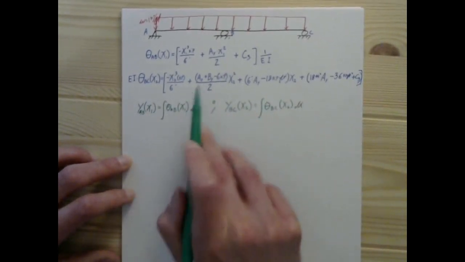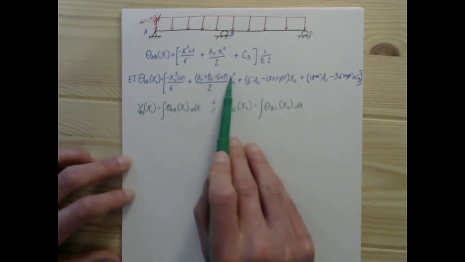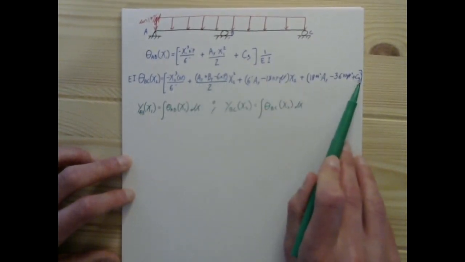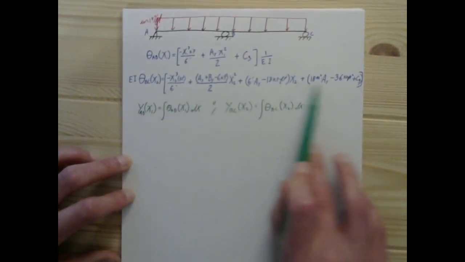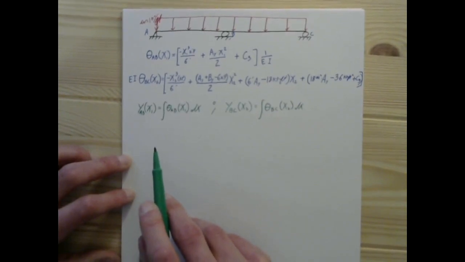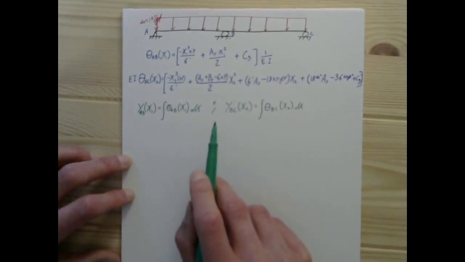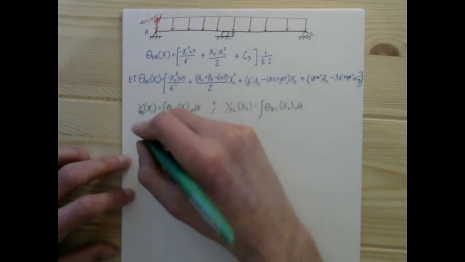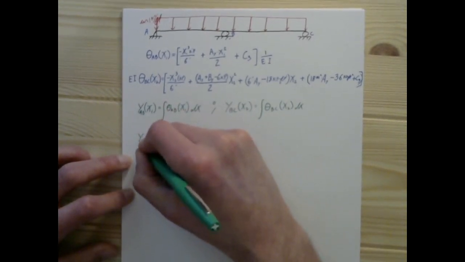The only thing is these constants: A is not a function of x, B is not a function of x, and the constants of integration are certainly not a function of x. So these are just long terms for a very simple polynomial. Let's do AB first.